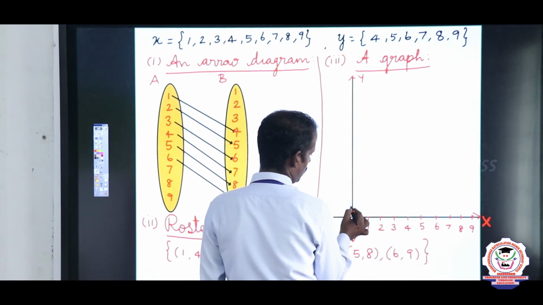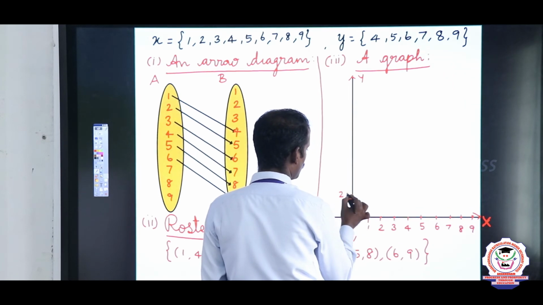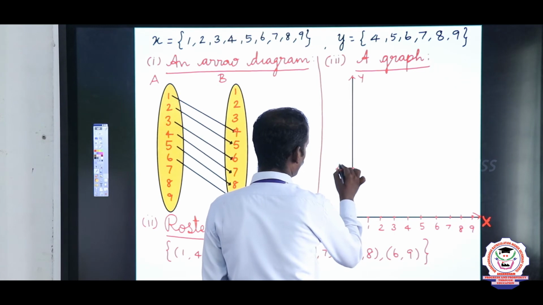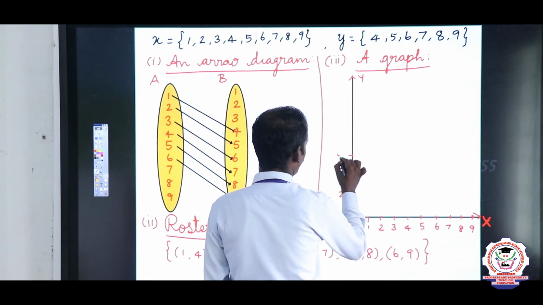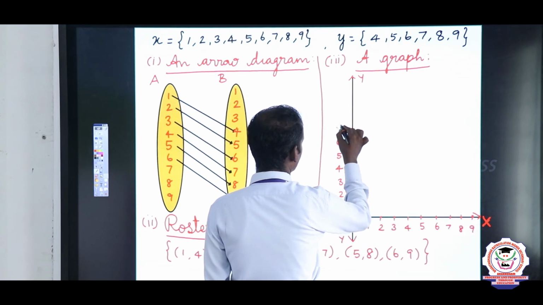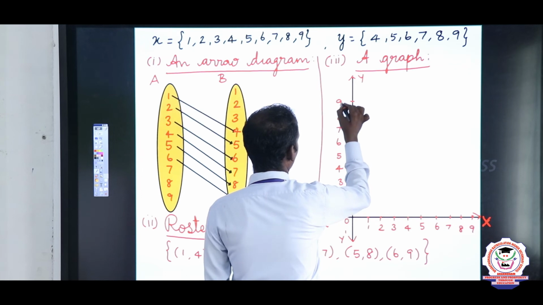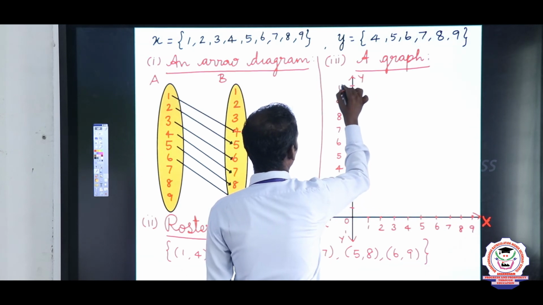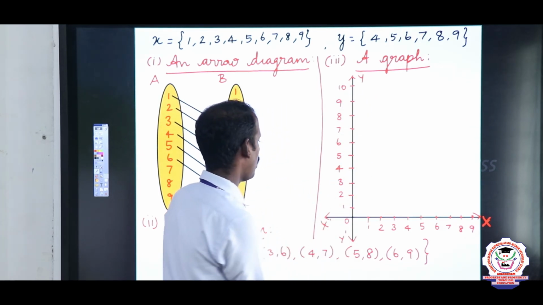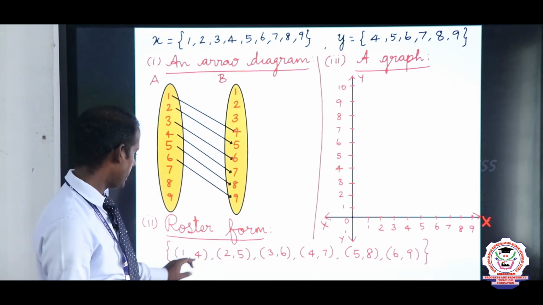Then y values 1, 2, 3, 4, 5, 6, 7, 8, 9, 10. So now I will plot the points 1, 4, x value is 1 and y values are 4.